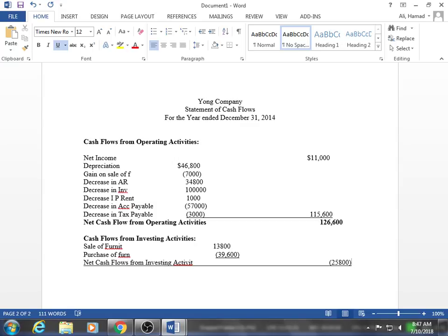All right. Now we go to the third section. Let me make this bold. Now we go to the third one, which is cash flow from financing, and that has to do with what?